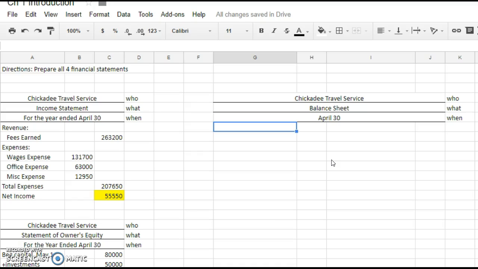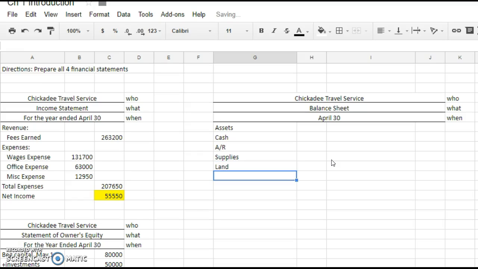Okay, so now we have to go ahead and list our assets. So the balance sheet is the accounting equation. The balance sheet equation is the accounting equation. So assets, go ahead and list them. They must equal your liabilities plus your owner's equity. So we've got cash, we've got accounts receivable, supplies, and land.